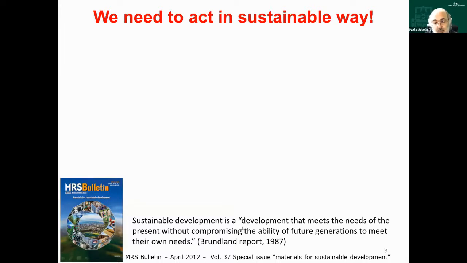Sustainability can be defined in many ways. One is this here. We have to consider not only the needs of ourselves in the present, but also the needs of future generations.